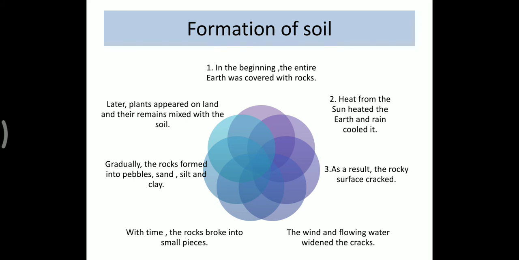So due to this process, rock particles show expansion and contraction. Because of expansion and contraction, the rocks basically get cracks. And when again there is change in season, then rock particles again contract and expand.